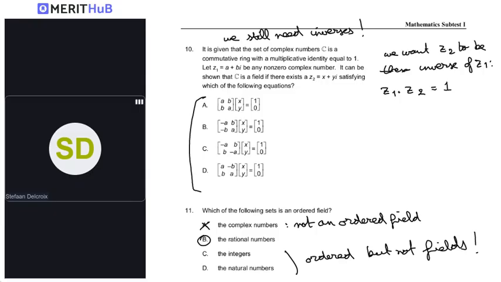They're not telling us to find out what Z2 is. They're saying what are the equations you would get? Well, (A + BI) times (X + YI) should be 1. We know how to find it, but could we set up maybe different equations for X and Y? What do you get when you FOIL this out?